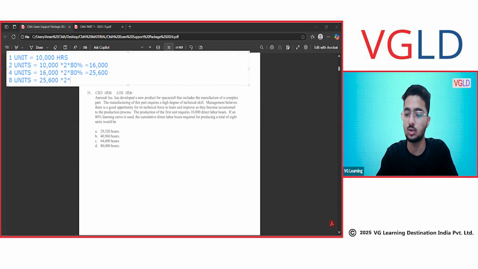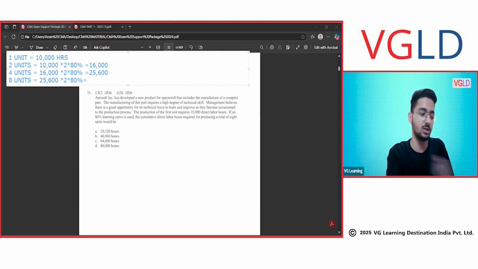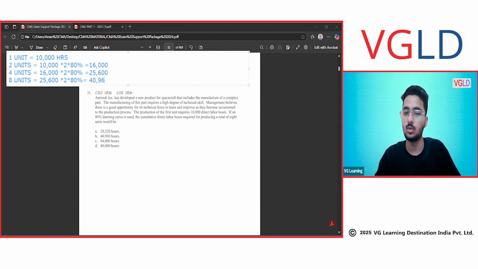I was able to do this question without solving this because just now we saw this question. That is 40960. Now see, this is the actual 8 units, the total of units produced.